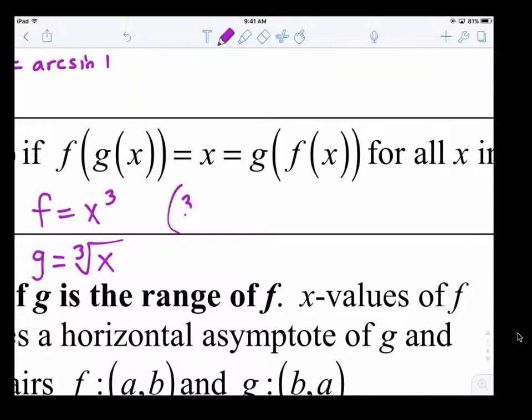I would have the cube root of x, cubed, which is just x. And it would work. They're inverses. So that's what this notation means: f and g are inverses of each other, so one can undo the other.